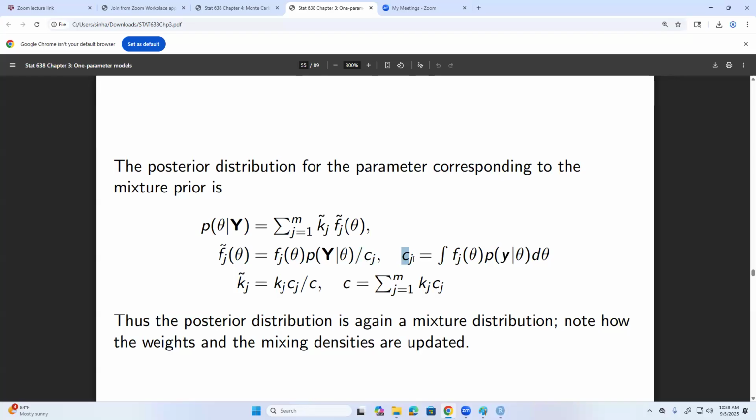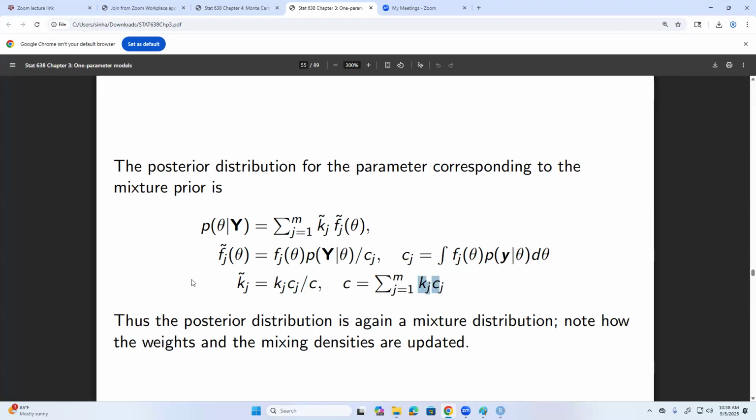This normalizing constant Cj is the integral of fj theta times the data distribution given theta, integrated over theta. And k tilde j, the mixing weight of the mixture posterior distribution, will be k sub j, the mixing weight of the prior of the jth component, times Cj over C, where C is the sum of Kj times Cj.